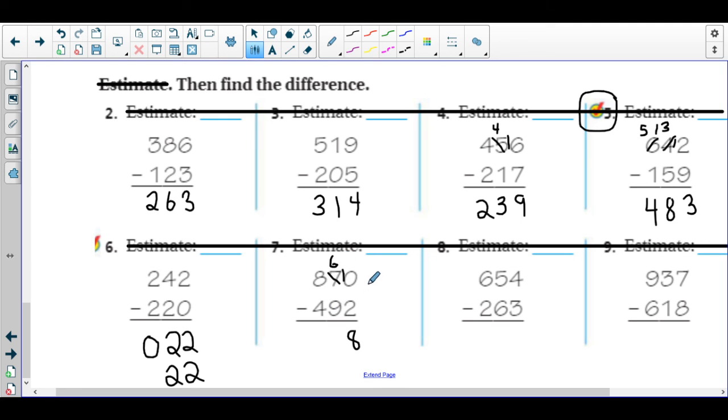And then can I take 9 from 6? No, because the top number is smaller than the bottom number. So once again, I need to borrow from my neighbor. 8 becomes 1 less, and then add 1 here. So now I've got 16 minus 9, which gives me 7. And then 7 minus 4 is 3.